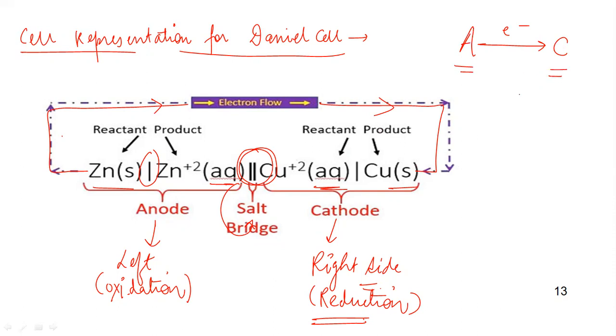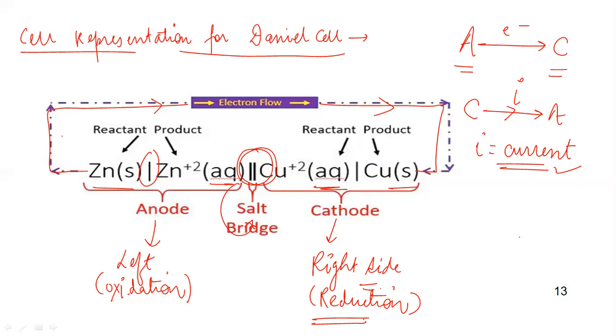Okay, so always remember current flows opposite in the direction of the electrons. So what is the direction for the flow of current? It is from cathode to anode. Here I is current. Okay, so direction of flow of electrons is from anode to cathode, and direction of flow of current is from cathode to anode.